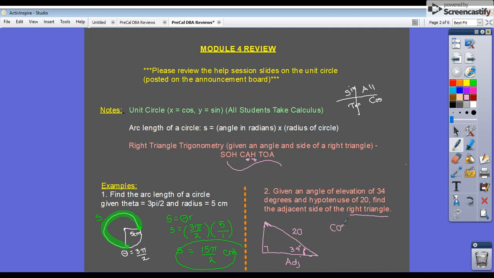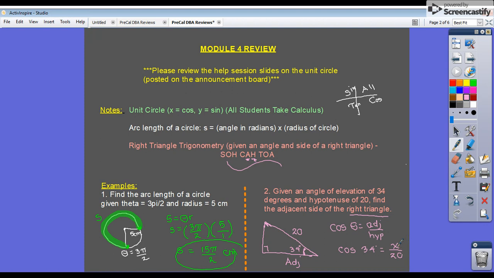Setting up my equation, I'm going to write cosine theta equals adjacent over the hypotenuse. You cannot take a trig function without taking an angle, so make sure you note theta. So filling in what I know, I have cosine of 34 degrees equals the adjacent side, which I don't know, I'm going to call it x, over 20. And then the goal is to just get x by itself.